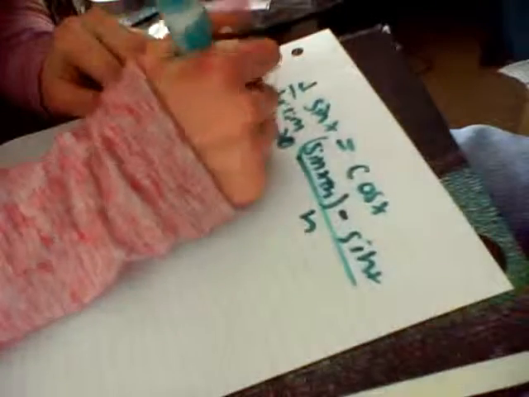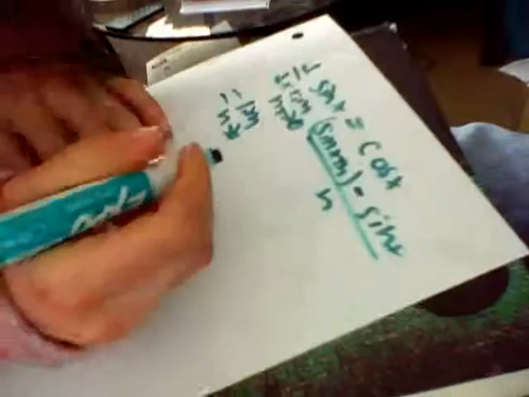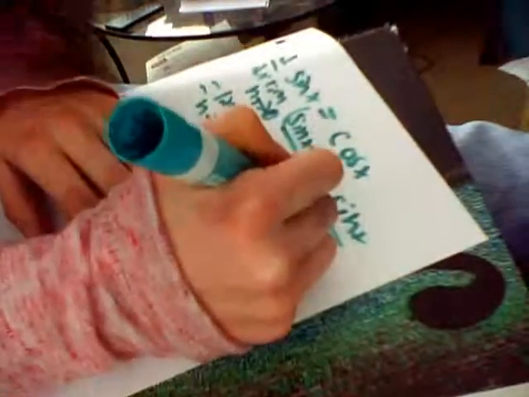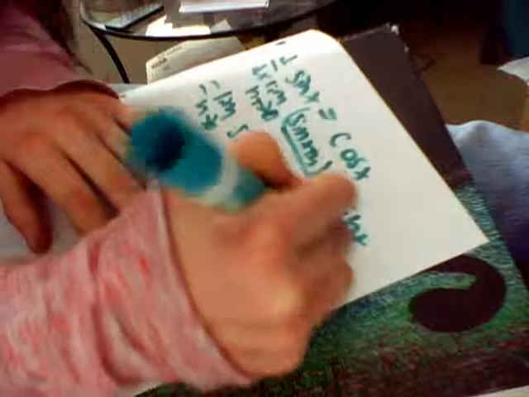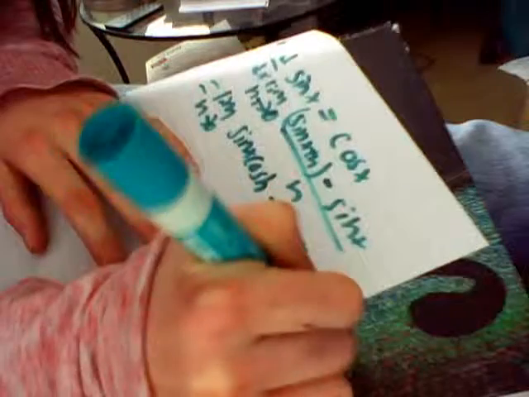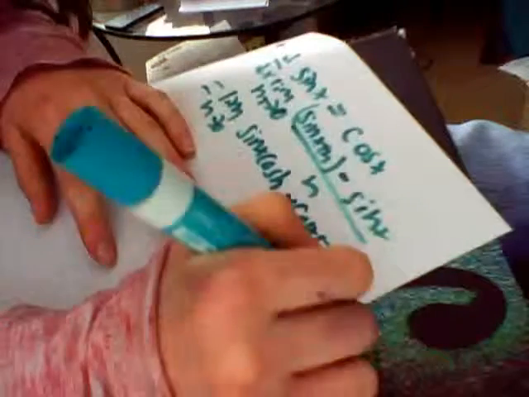So now I can just use the formula: the limit as h approaches 0 of sine x times cosine h, so just plug it in, plus cosine x sine h, minus sine x. I don't know if you can read that last one, but the last one is sine x.